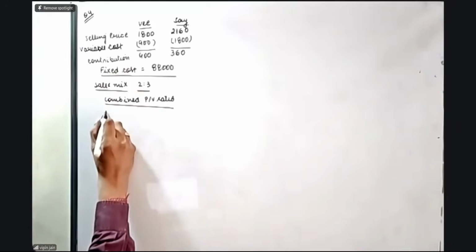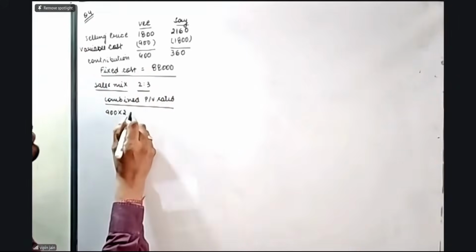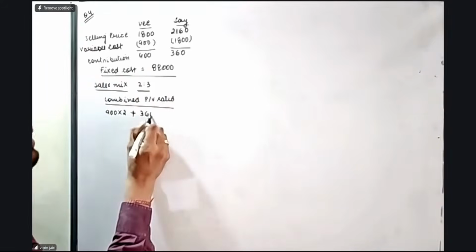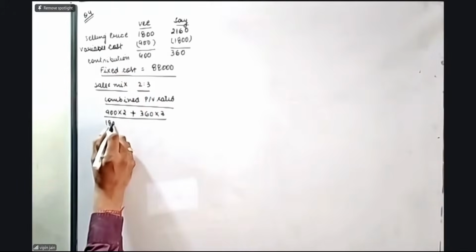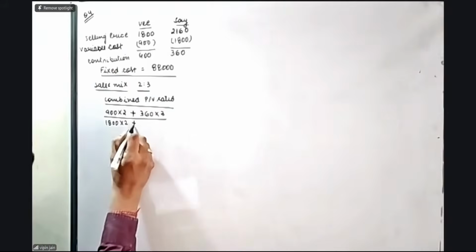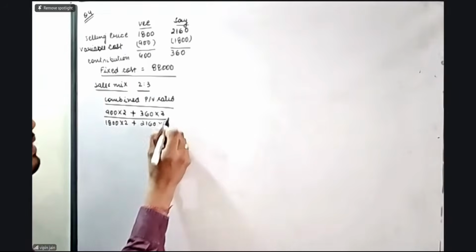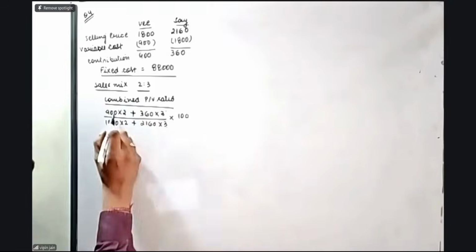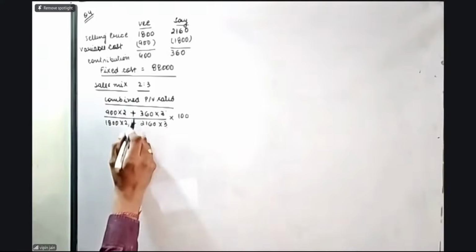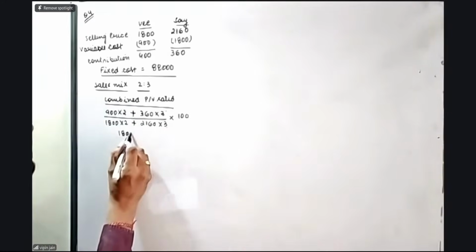See, my contribution is how much? 900 into my ratio of 2. The second contribution is 360 and the weightage is 3. This is contribution divided by sales into 100, but we'll be using the weighted average contribution divided by weighted average sales into 100. So sales will be 1800 into 2 plus 2160 into 3.